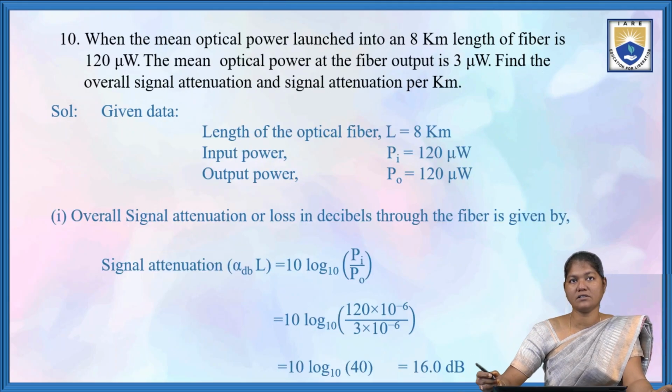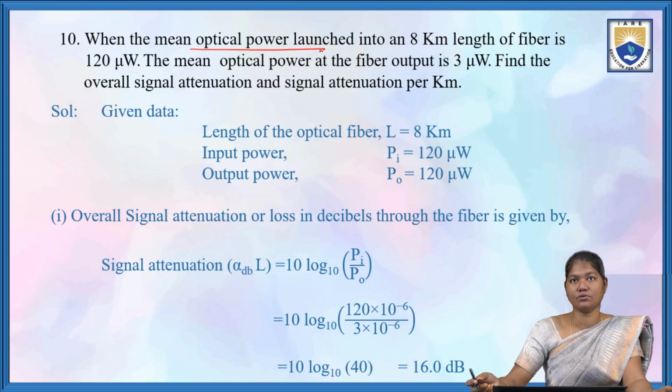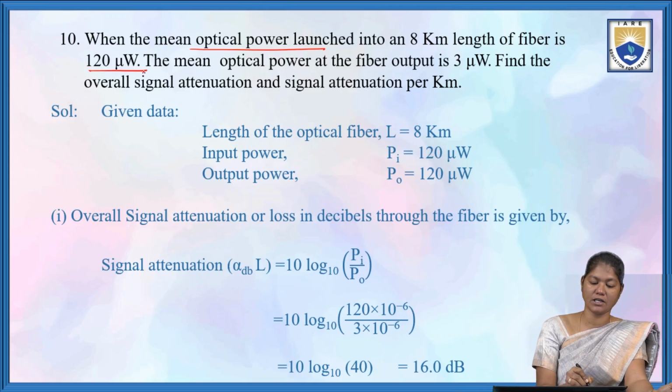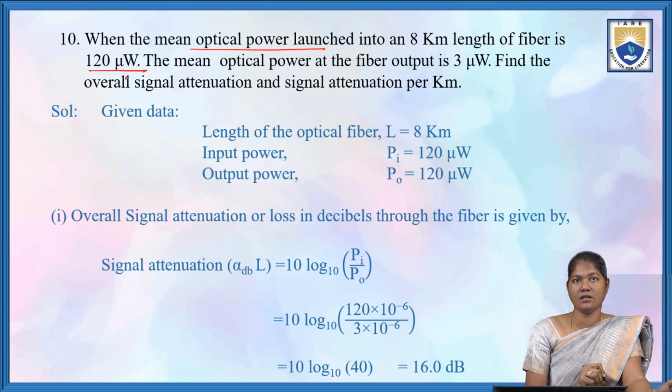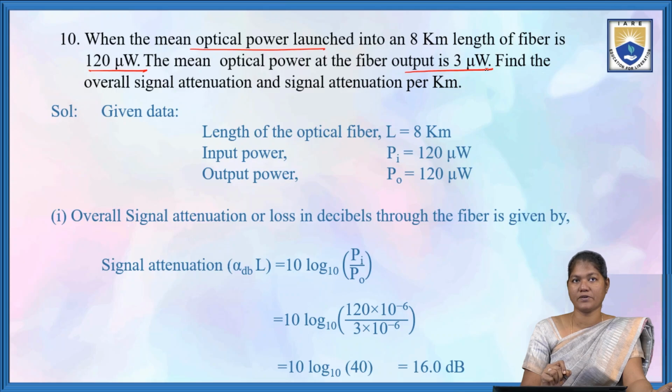Then, when the mean optical power launched into an 8 kilometer length of fiber is 120 microwatts, the mean optical power at the fiber output is 3 microwatts. Find the overall signal attenuation and the signal attenuation per kilometer.